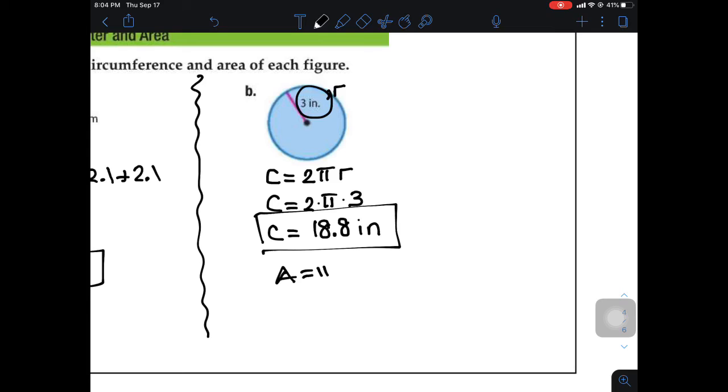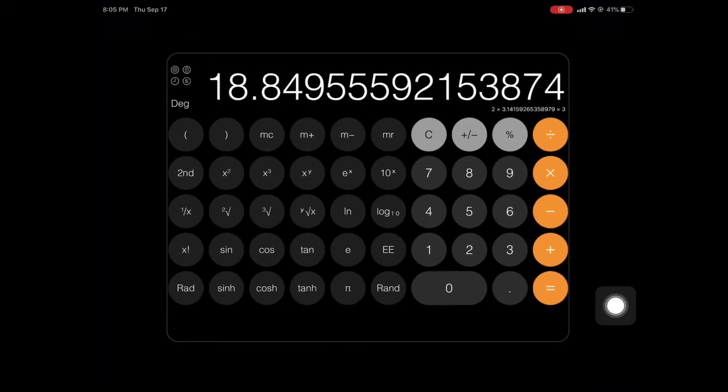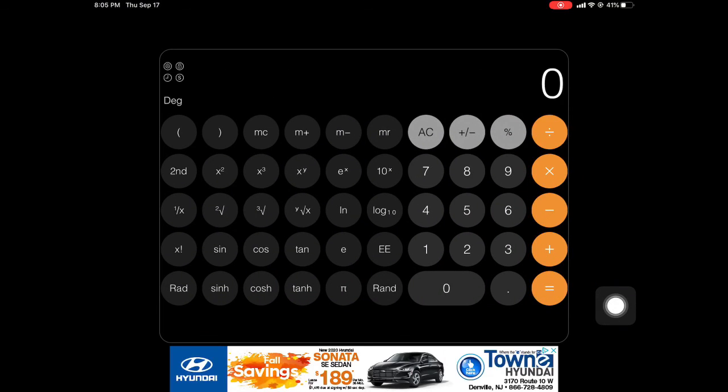Area is pi r squared. So area is pi times 3 squared. How you do this is very important. If you multiply pi times 3 here, you're ignoring PEMDAS. PEMDAS says square first, then multiply. So you must square that, 9, and multiply that by pi. So let's come over here. 3 squared is 9.